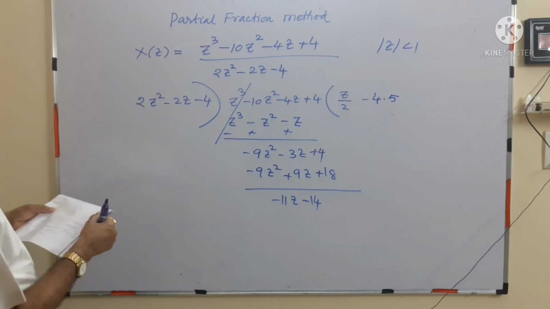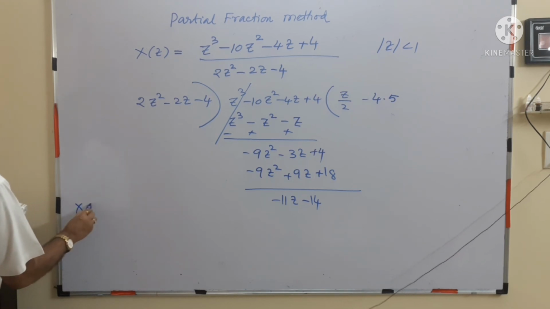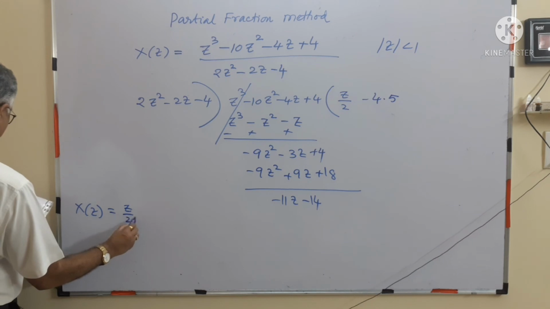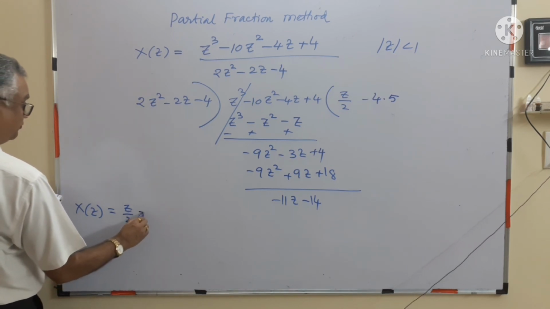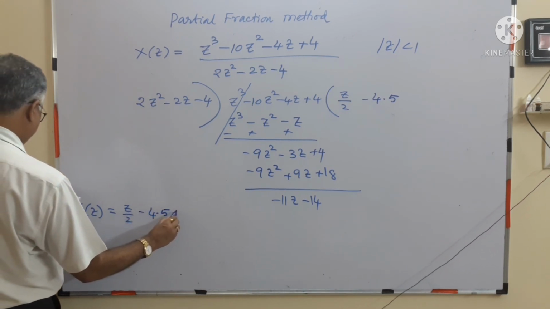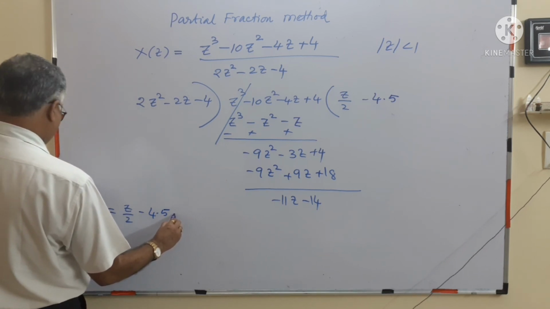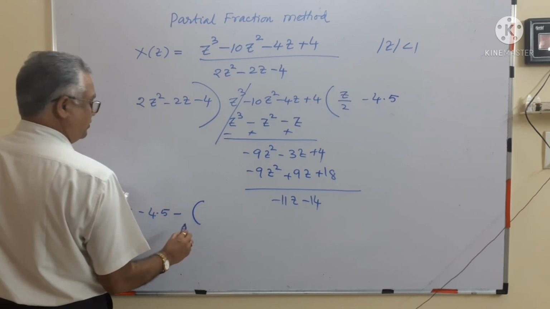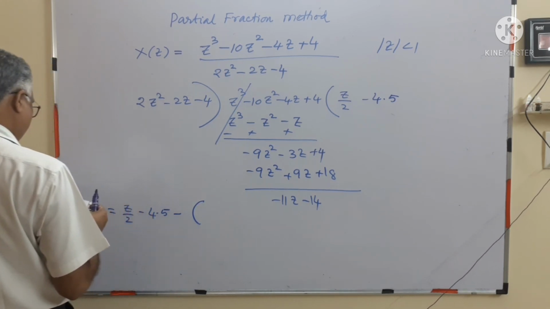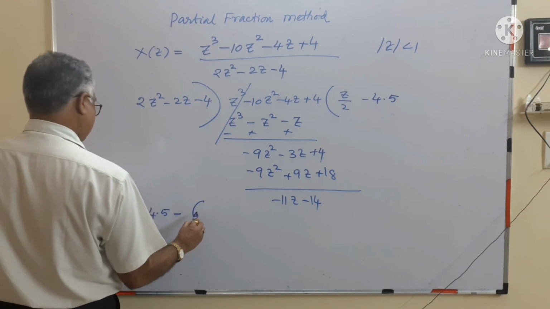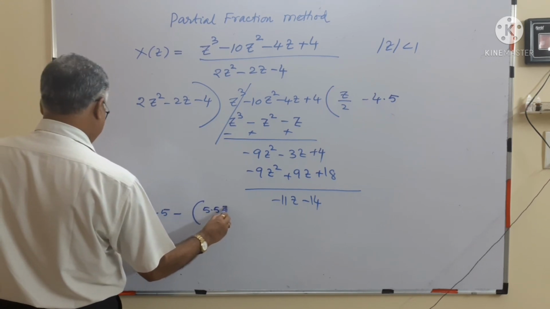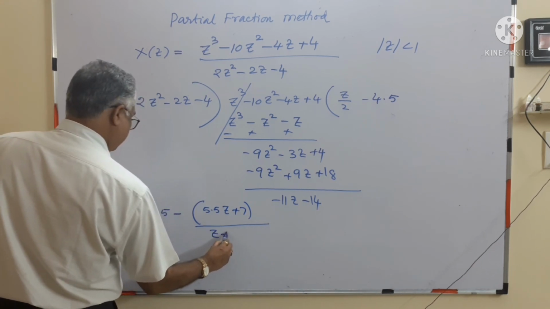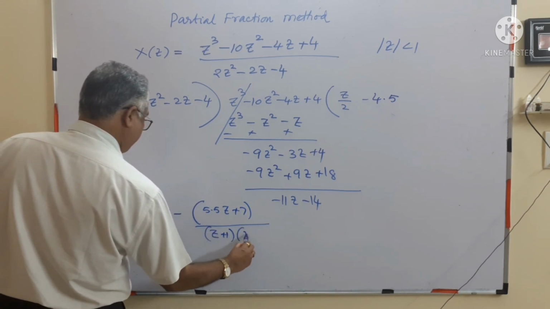So finally what is X(z)? z by 2 minus 4.5 minus (5.5z plus 7) by (z plus 1)(z minus 2).